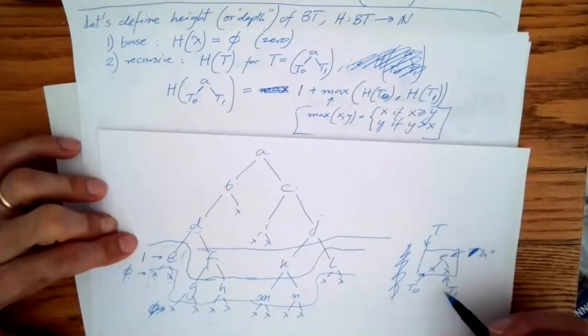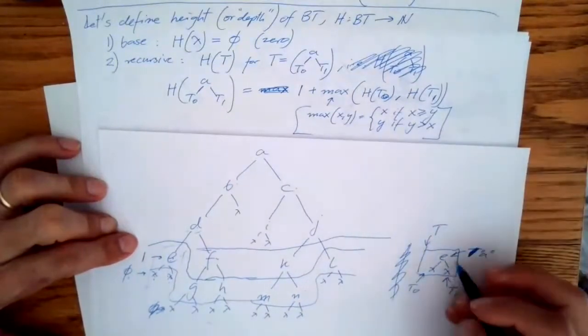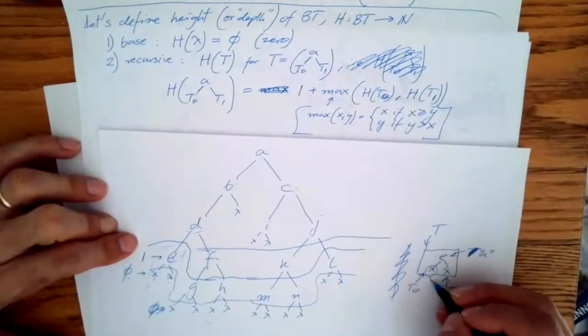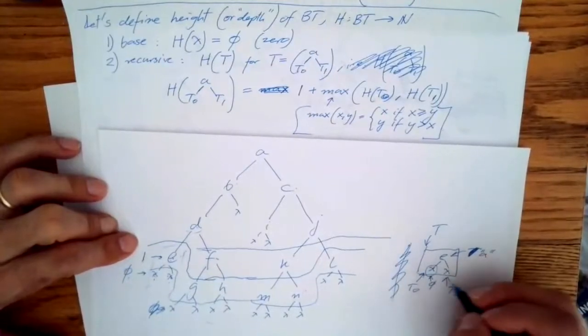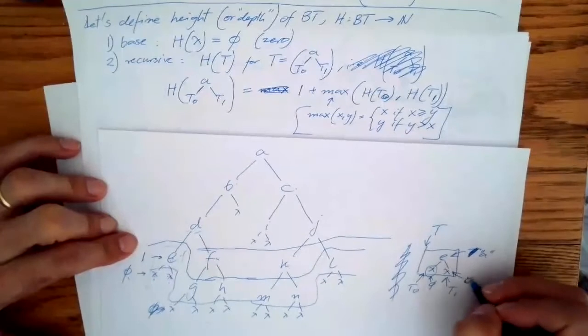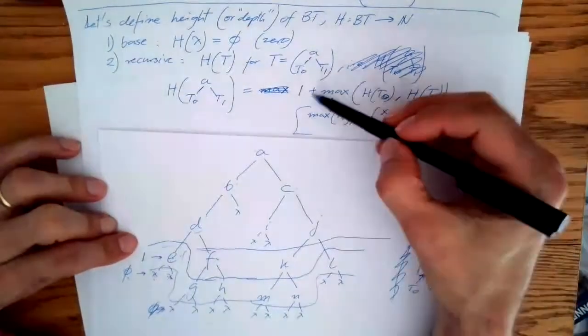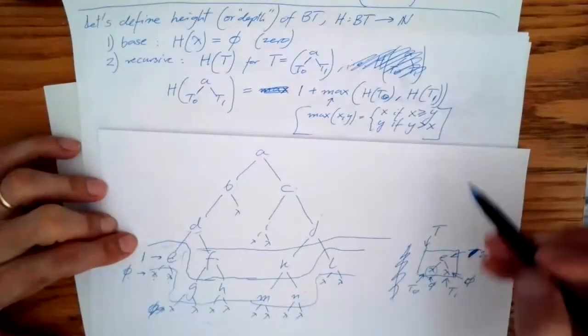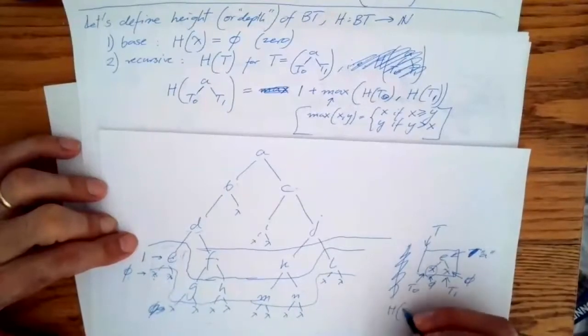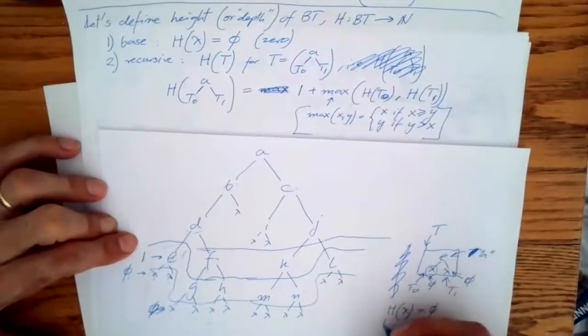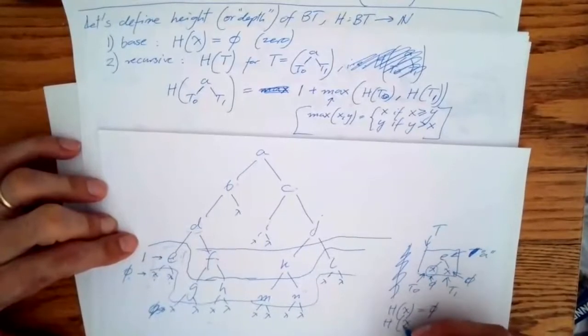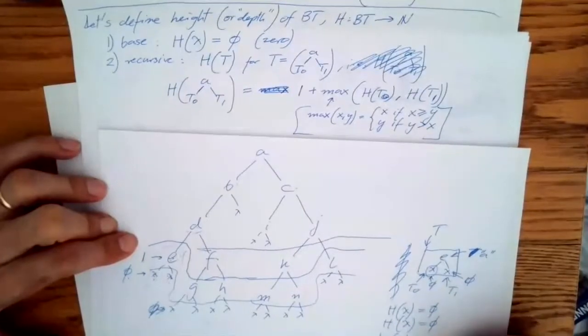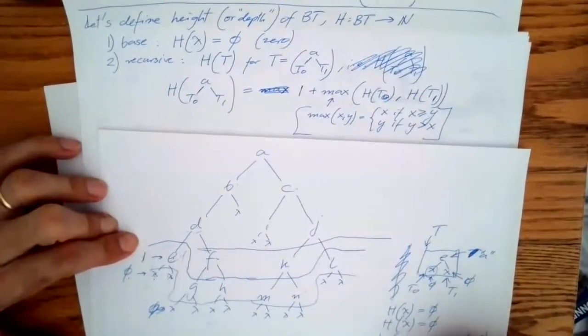Both of them are empty. And now height of this one is 0. Height of this one is 0. So when I define a height of this one, h of lambda is 0, h of lambda is 0, h of T is 1 plus max of 0, 0, which is 1.